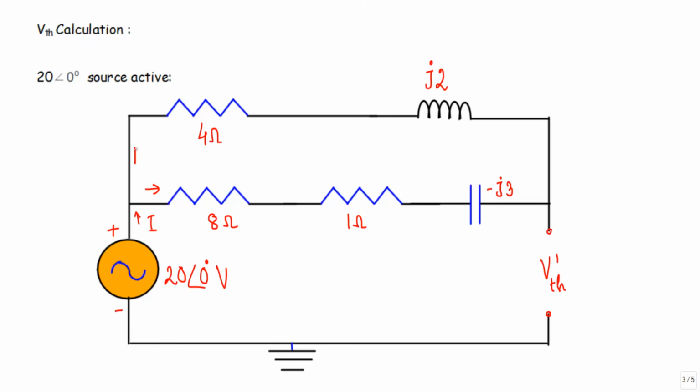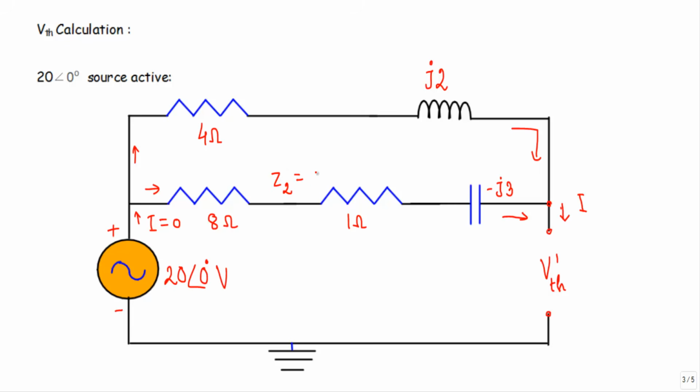One will go in this direction, another will go into this direction, and this current will return to this point through this path, and this current will get into this point by this path. Now see, when the two currents get into this point, the total current I cannot complete its path.